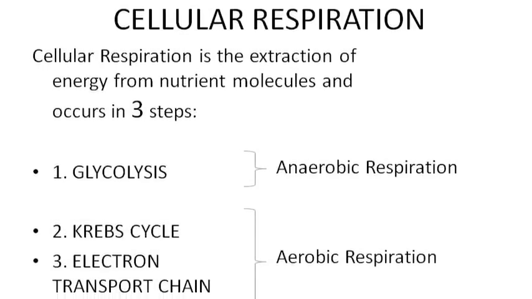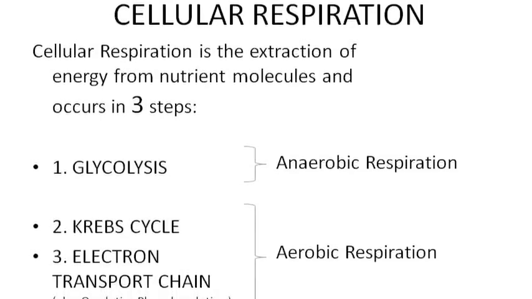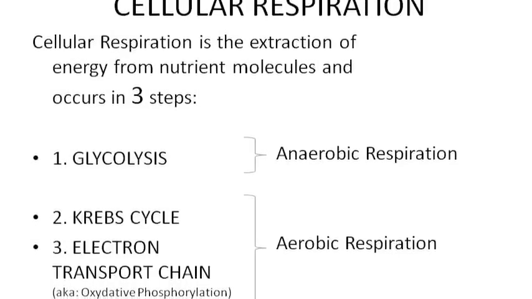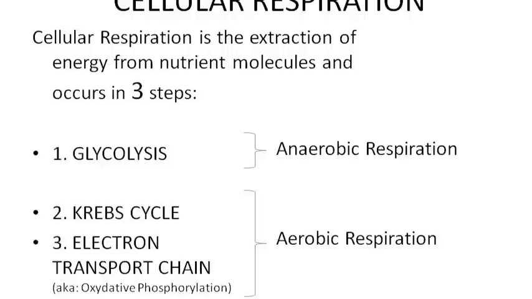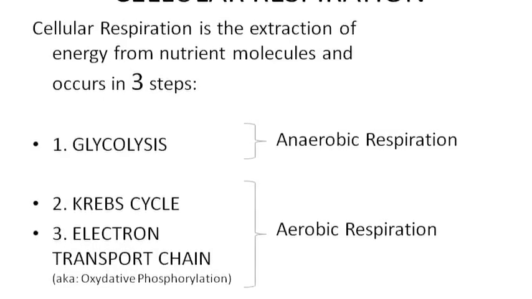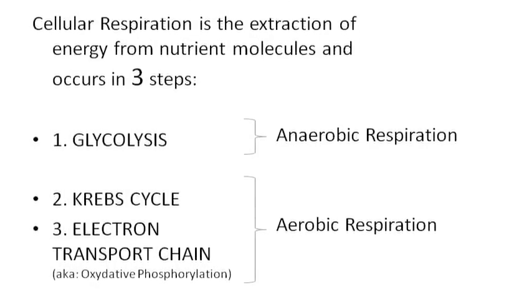That's anaerobic respiration. The next one is the Krebs cycle, and you have the electron transport chain, which is the aerobic respiration. And I know you need oxygen for that because Miss Davies told us.